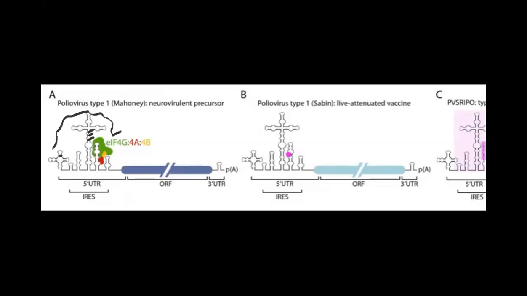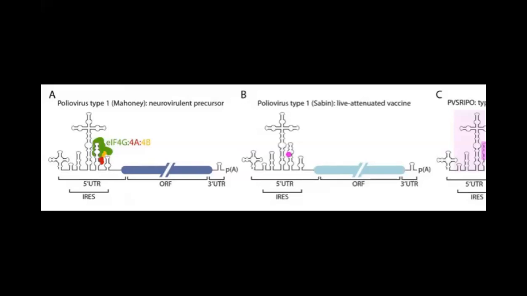That three-dimensional structure can recruit or promote binding of certain complexes. So we're going to go over a complex binding of this eIF4G, 4A, 4B.